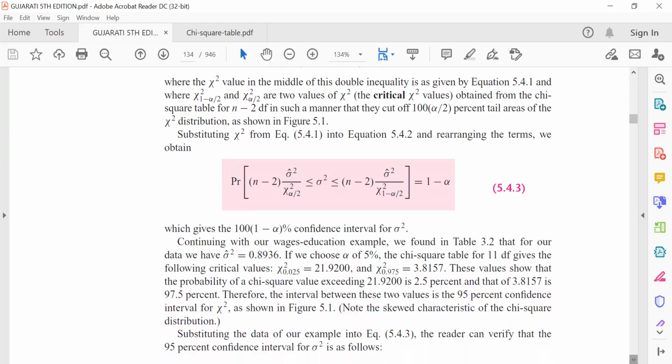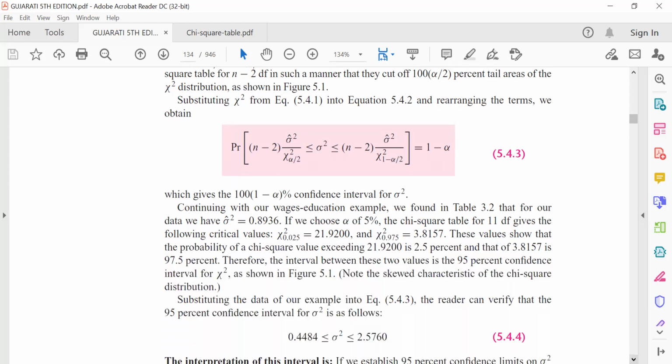Okay, with the same example from Table 3.2, we get sigma square hat is 0.8936, and we choose alpha as 5%.